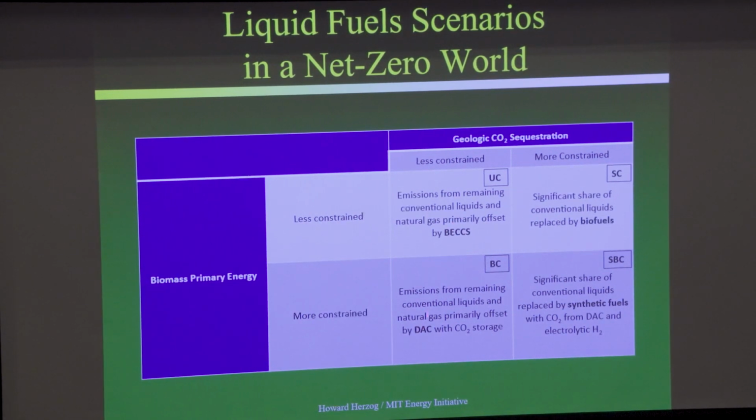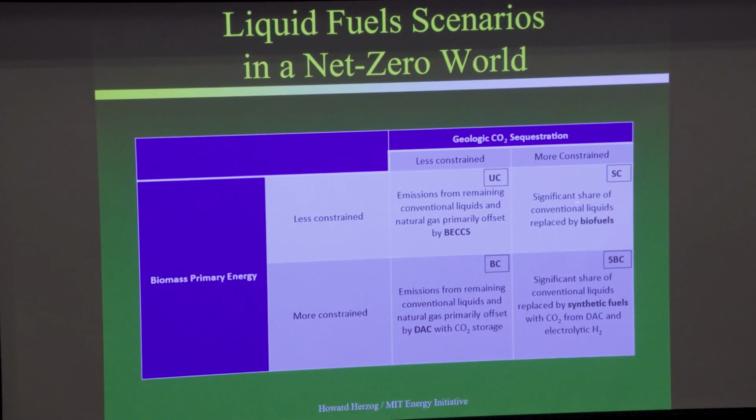The difference between these two is, do we have biomass constrained or not constrained? If biomass is not really constrained, we should have plenty of biomass to do our BECCS. If it is constrained, then we have to look at DAC, because DAC's more expensive than BECCS.